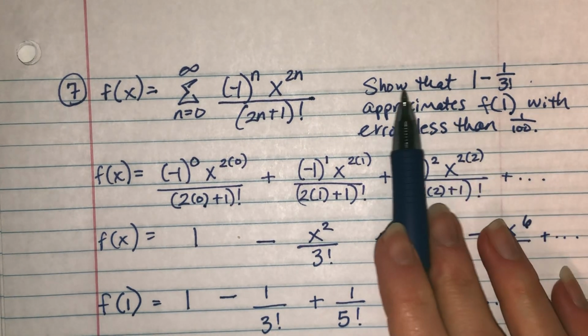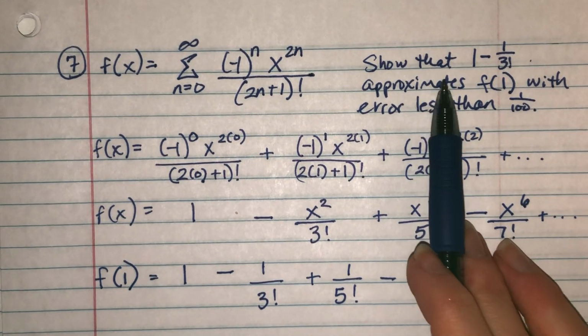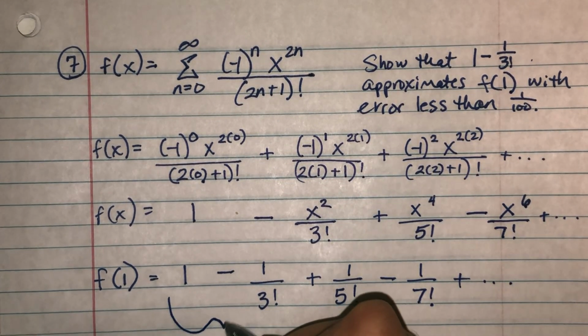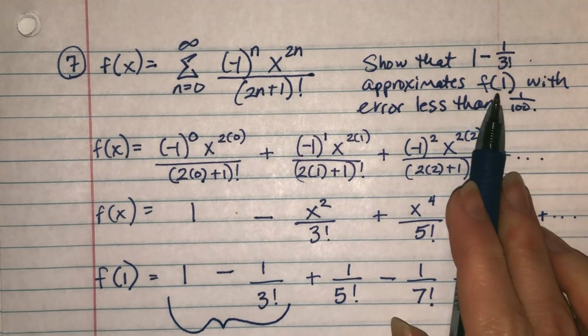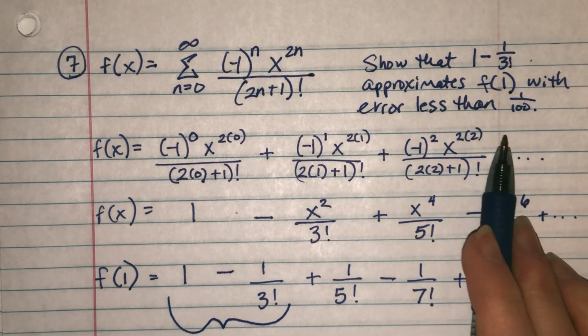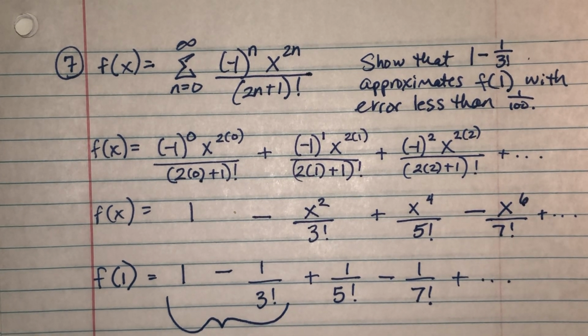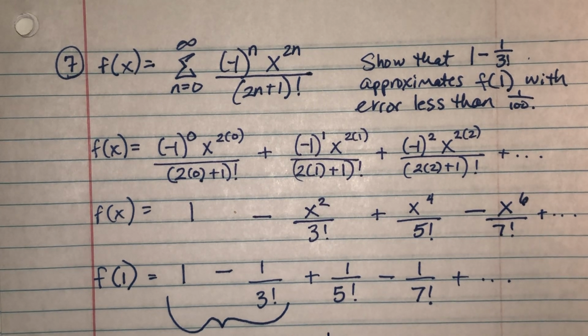So they're saying show that 1 minus 1 over 3 factorial, which is this part right here, approximates f of 1 with an error less than 1 over 100. Well, if I use these first two terms to approximate f of 1, then I know that the error is less than or equal to the first term left off. So 1 over 5 factorial.